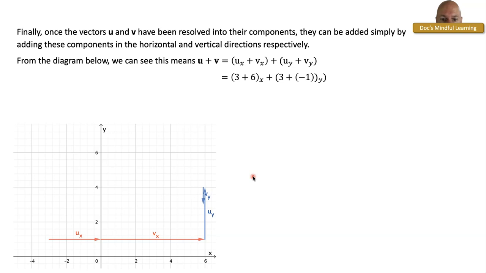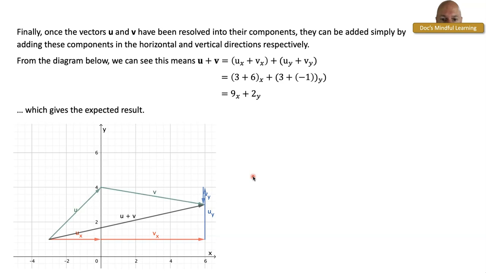So that would be 3 and 6 when we resolve those components, 3 plus 6 in the x direction and 3 plus minus 1 in the y direction, which altogether is 9 in the x direction and 2 in the y direction. And this is definitely not standard notation. This is just to point out the fact that all we're doing is adding the distances in the x direction and the distances in the y direction.